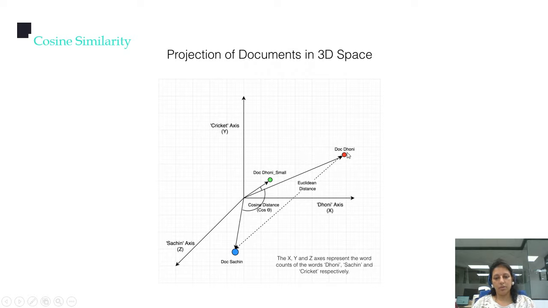If you see this one, the Euclidean distance between the document Dhoni and the document Dhoni small, and the other two between Sachin and Dhoni, are obviously, even from that aspect we can say that the Dhoni small and the Dhoni large documents are similar when compared to the other two documents.